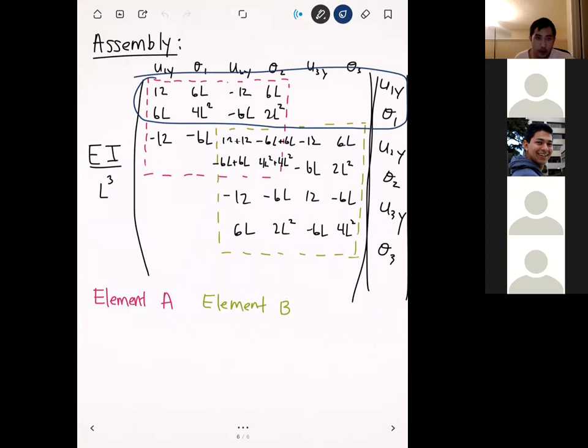And so we're going to change these into all zeros and ones. Once we do that, we end up with the following. And so that's our fixed support boundary condition.